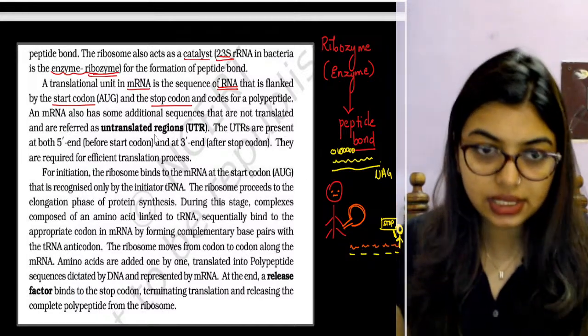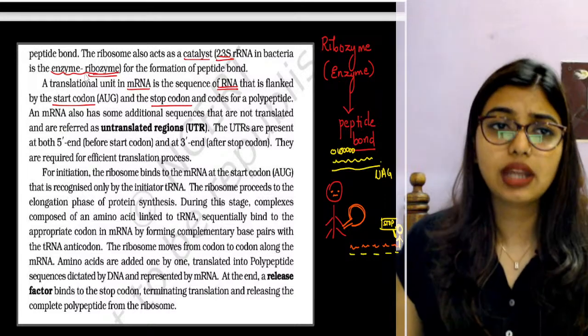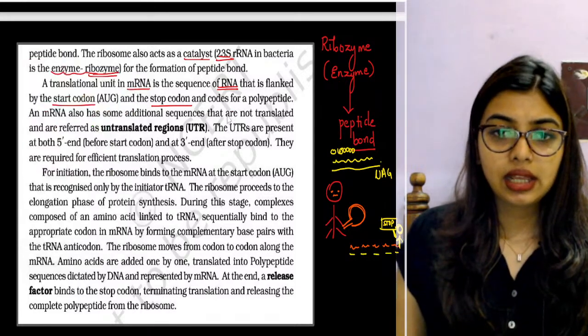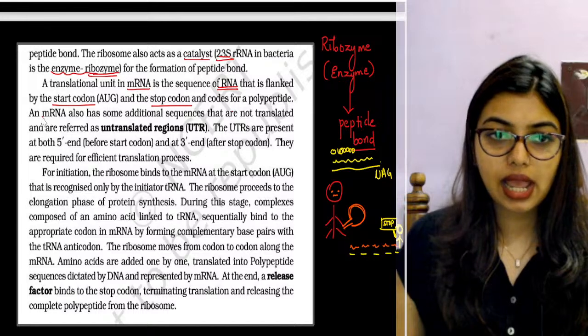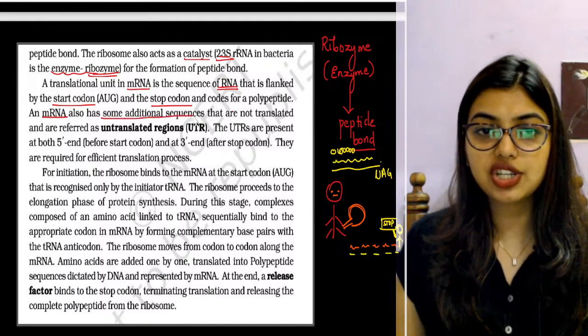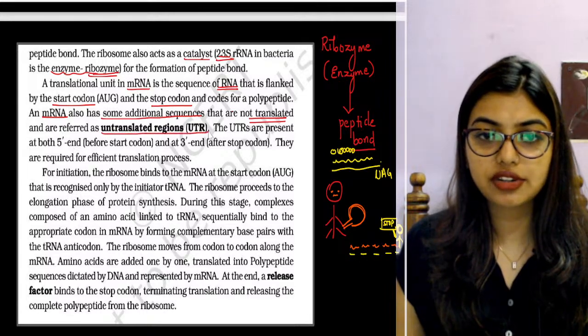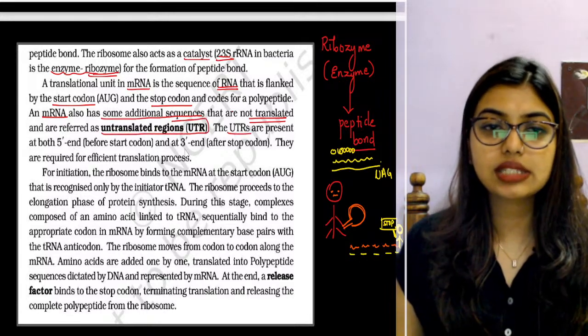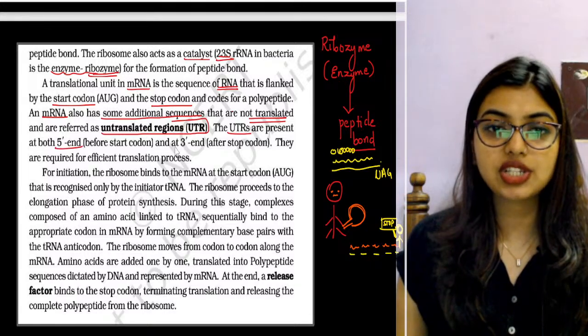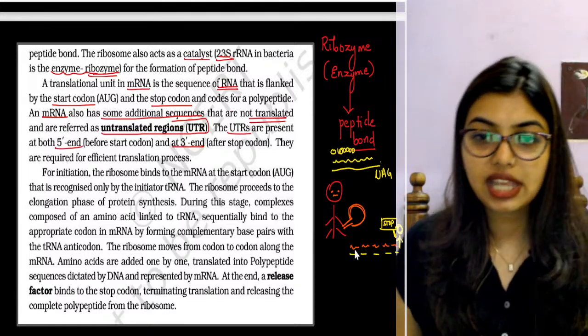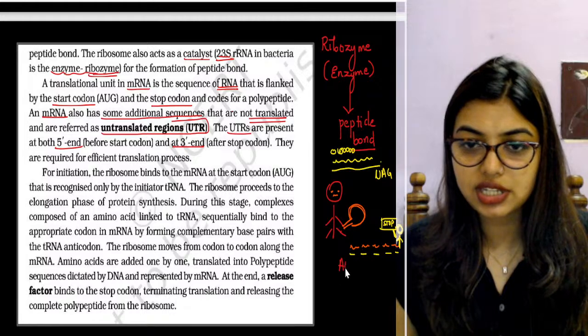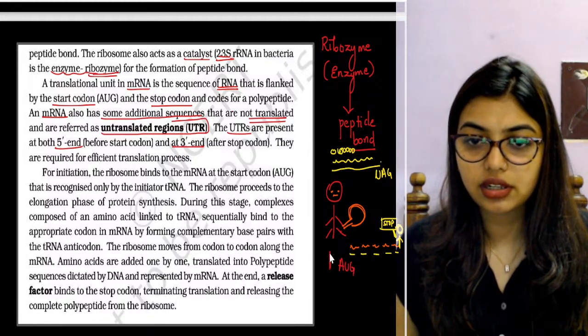So this is what they're trying to say about the polypeptide chain. And mRNA also has some additional sequences that are not translated, referred to as untranslated regions. The UTRs are present at both the 5' and 3' ends. At the 5' end they have it before. Now here, how did Harshain start? Because I told him start reading.